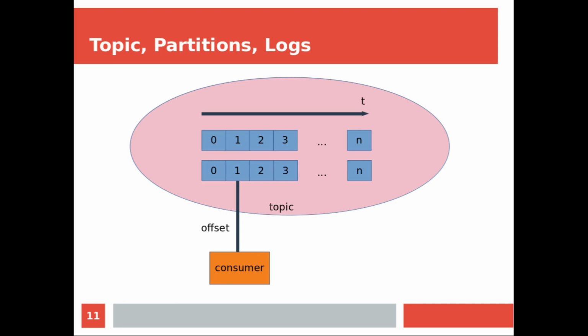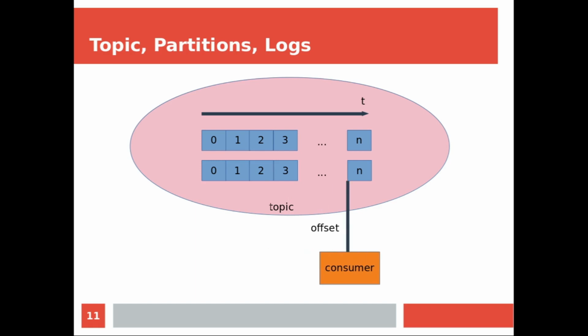This offset means that the consumer knows what was the latest information that it read from the Kafka topic. And when we are reading messages from a Kafka topic, this offset is of course moving.